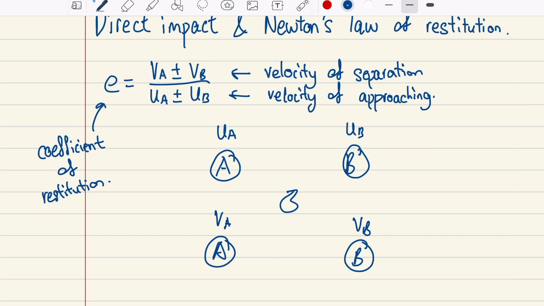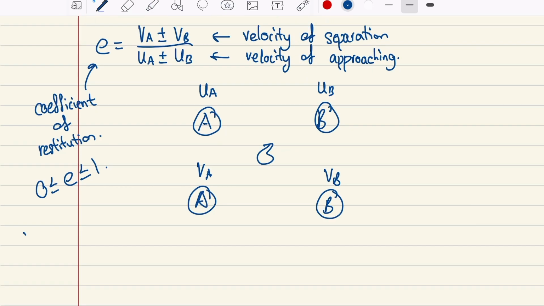This coefficient of restitution can only be in the range of 0 to 1. 1 means 100% elastic collision, and 0 means 100% inelastic collision. The condition for us to use Newton's law of restitution is that the particles must be moving in free space or on a smooth surface, which is no external force.